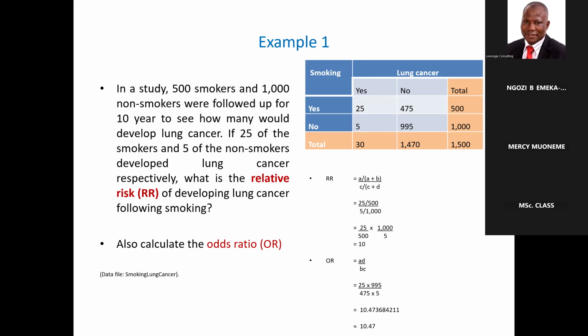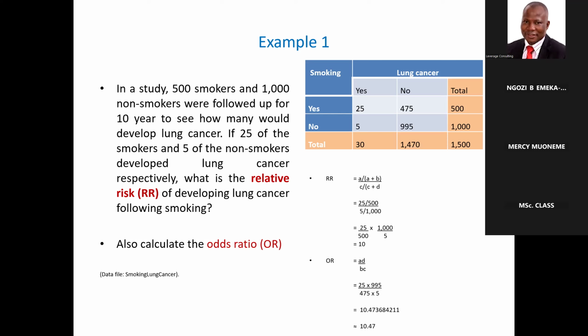So for us to prove that lung cancer is contributed to by smoking, we have to divide the risk among the smokers, as the numerator, by the risk among the non-smokers, the denominator. We expect it to be bigger. So can you see? When you solve it, I give you 10.